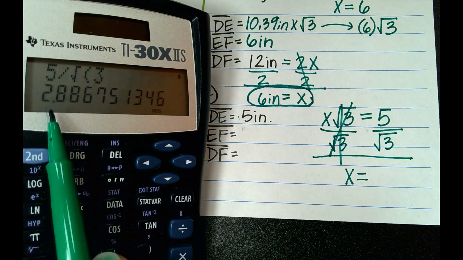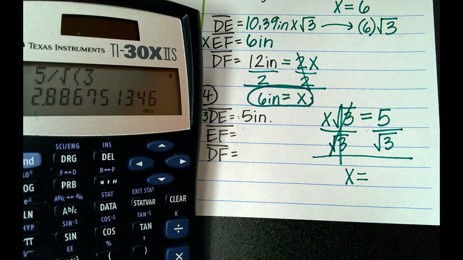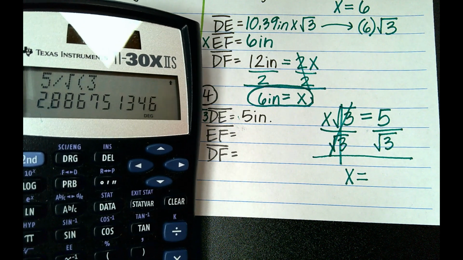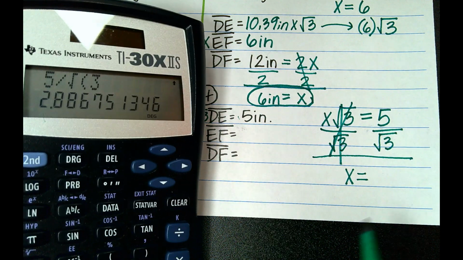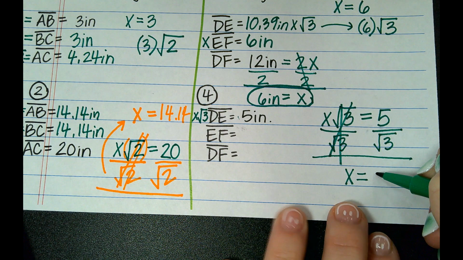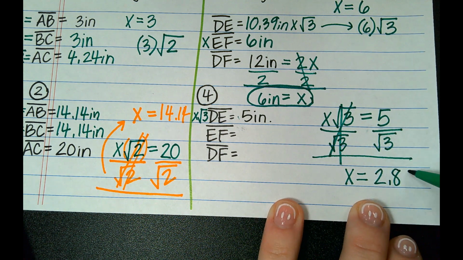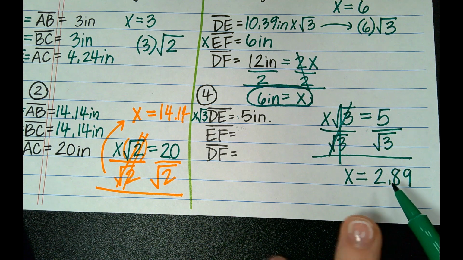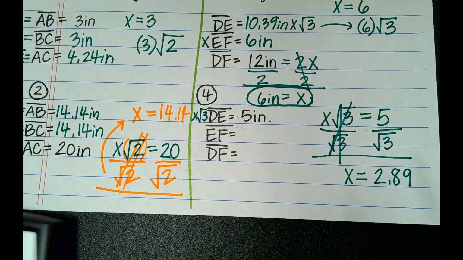And we should get 2.88675146. 2.89. Yes, we could round that up. 2.89. And that is the value of X. How do we round it up?